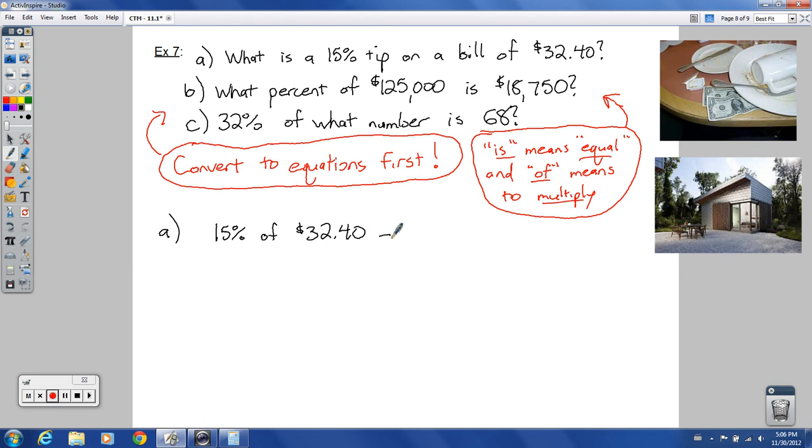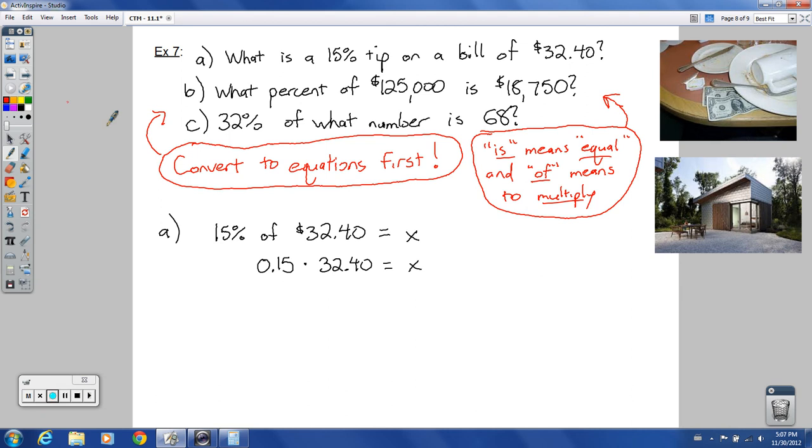So is or equals, we don't know, so we're trying to find out what that is. I'm going to call that x. Let's just go with the most utilized variable of all time, x. So this is the same thing as saying 0.15 of, meaning to multiply. So 0.15 times 32.40 equals x.